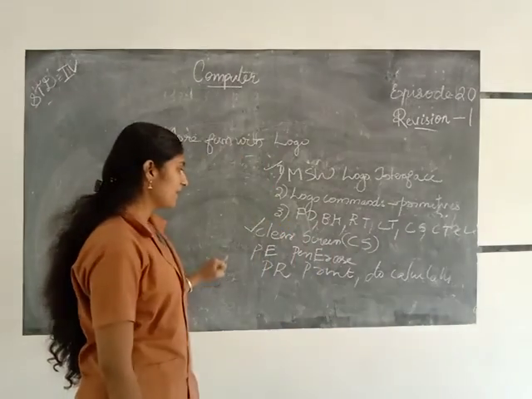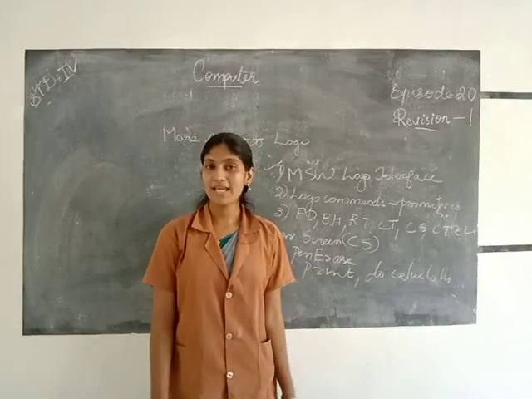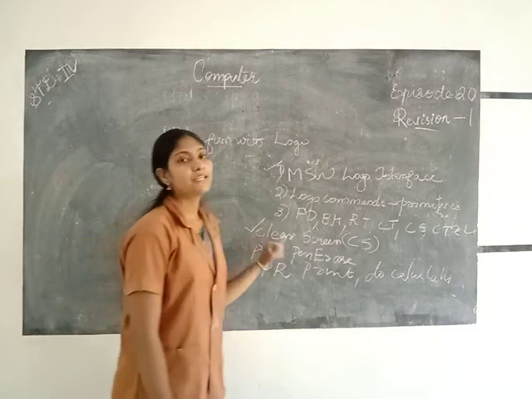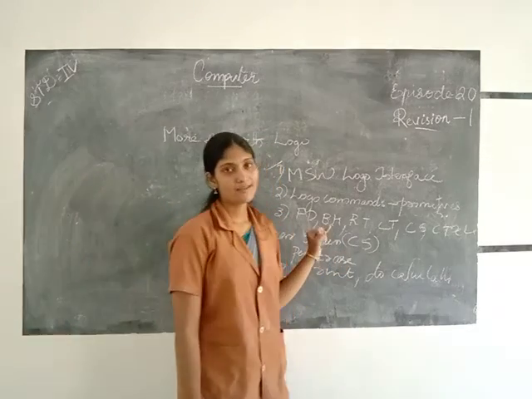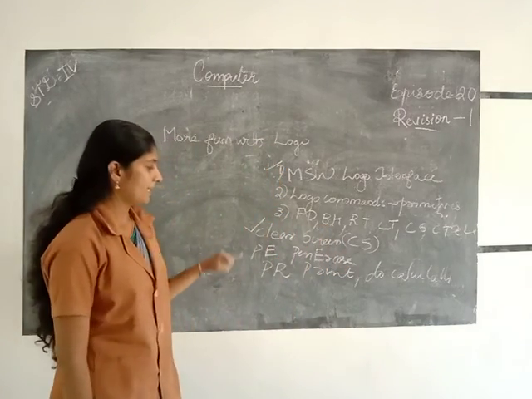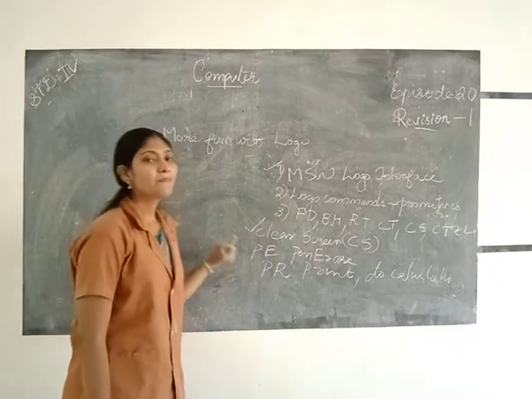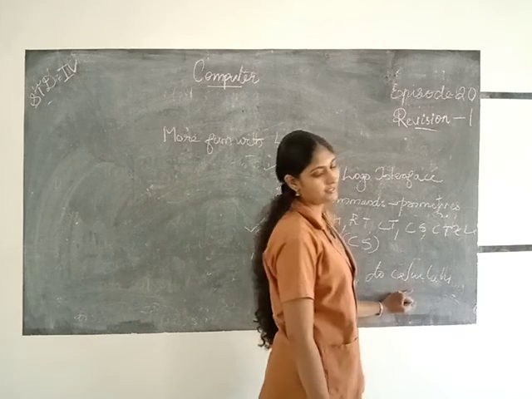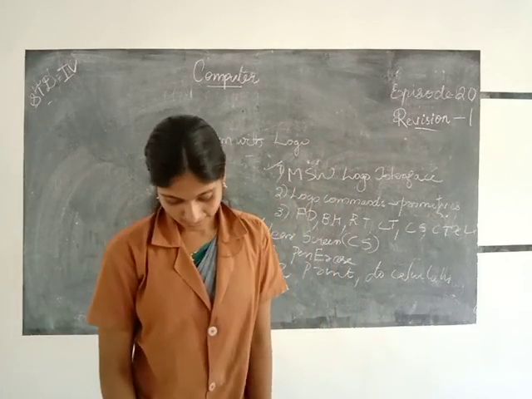The next is PE. PE means pen erase command, which is used to remove the unwanted lines. Then what about PR? PR is the print command, which is used to print messages and do calculations.